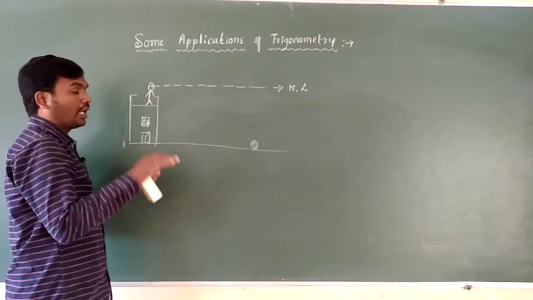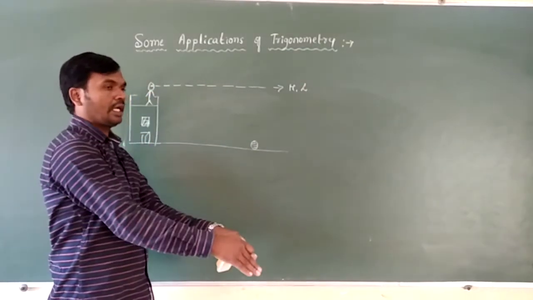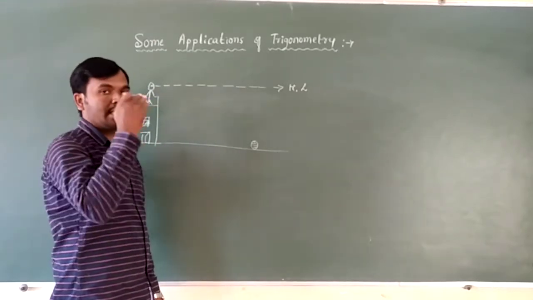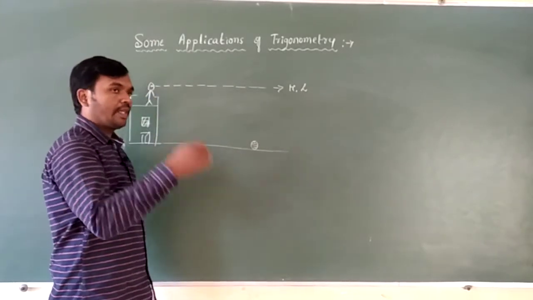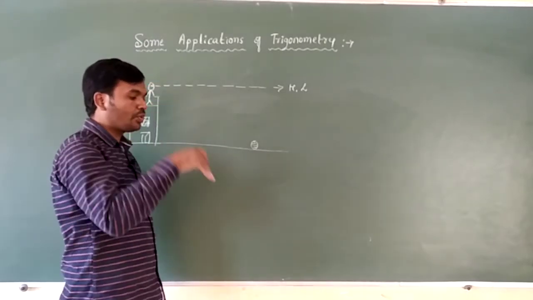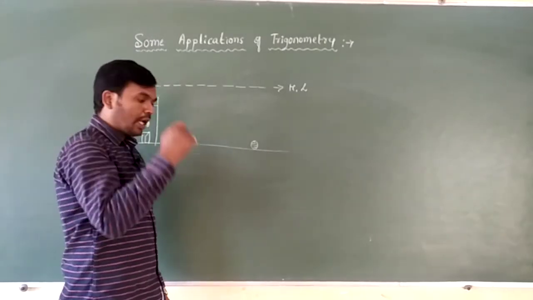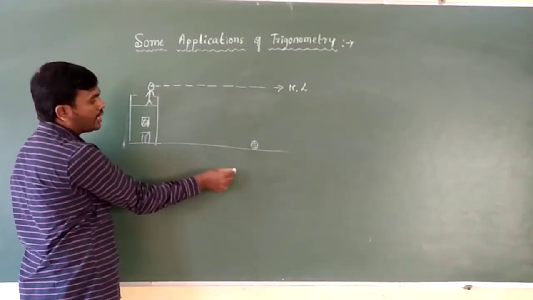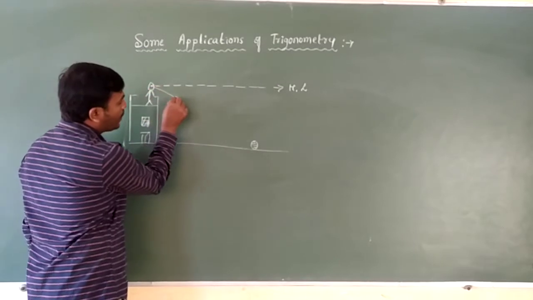Now he is looking towards the ground, so he has to change the position of his eyes towards the ground. So his eye angle changes towards the object.